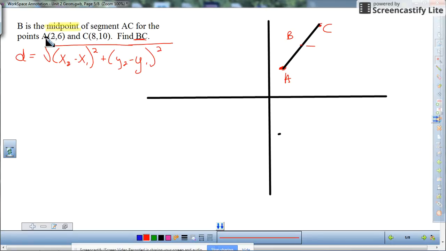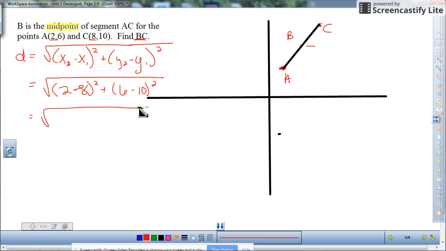So let's find the length or the distance from A to C. All right, so my x's are 2 and 8. So this is going to be 2 minus 8 squared plus my y values are 6 and 10, 6 minus 10 squared. All right, don't lose my square root symbol.